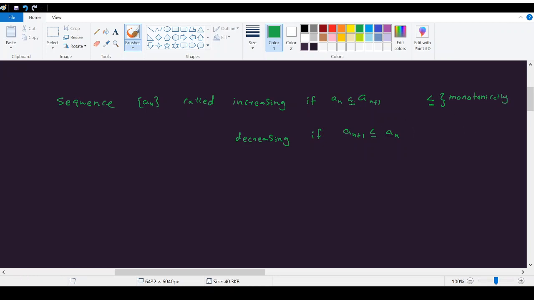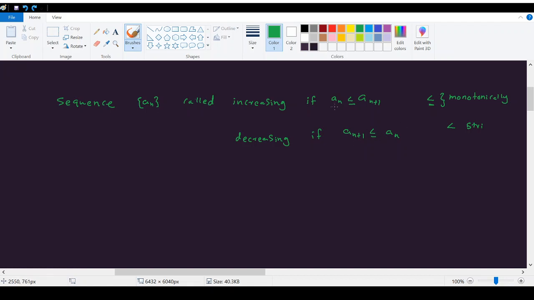Or sometimes people use this greater than or equal to sign for just increasing, and if they need the strict inequality, you explicitly say that it is strictly increasing, right? That will depend on the context, but for our study purposes we will consider this greater than or equal to sign when you say increasing, and this less than or equal to sign when you say decreasing.